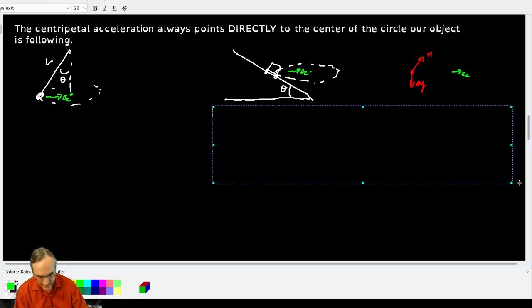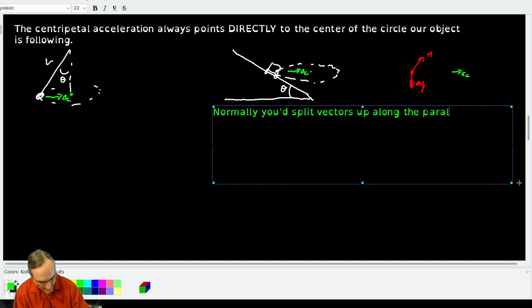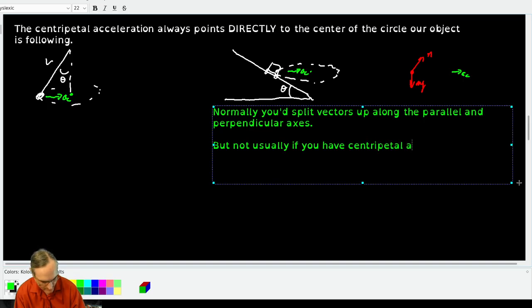So when you've got inclined planes, normally you'd split vectors up along the parallel and perpendicular axes, but not usually if you have centripetal acceleration.